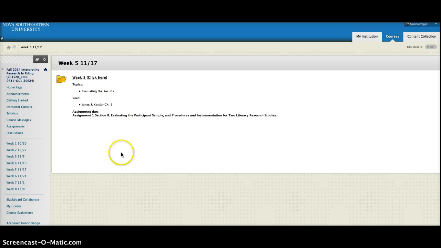At the end of this week, which is the 23rd, you are to evaluate the participant sample, procedures, and instrumentation for 2 literacy research studies. So let's take a look at that in depth.